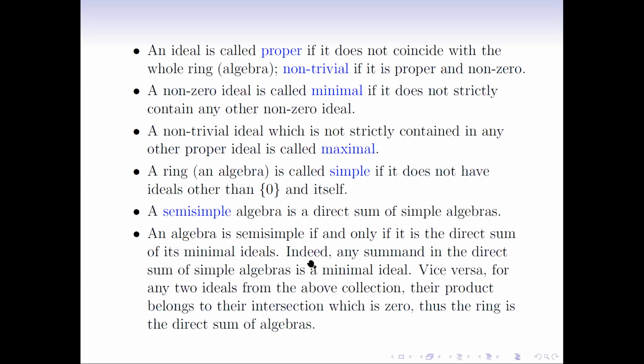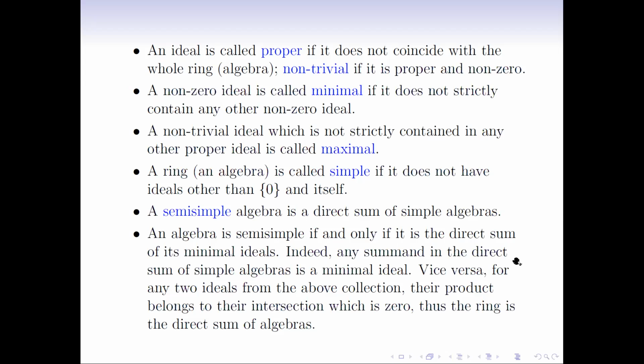So if you take the sum of minimal ideals, if you have the sum of simple algebras, every summand is a minimal ideal, of course, because first of all, it's an ideal by definition. Second, it has no smaller ideals inside except 0.